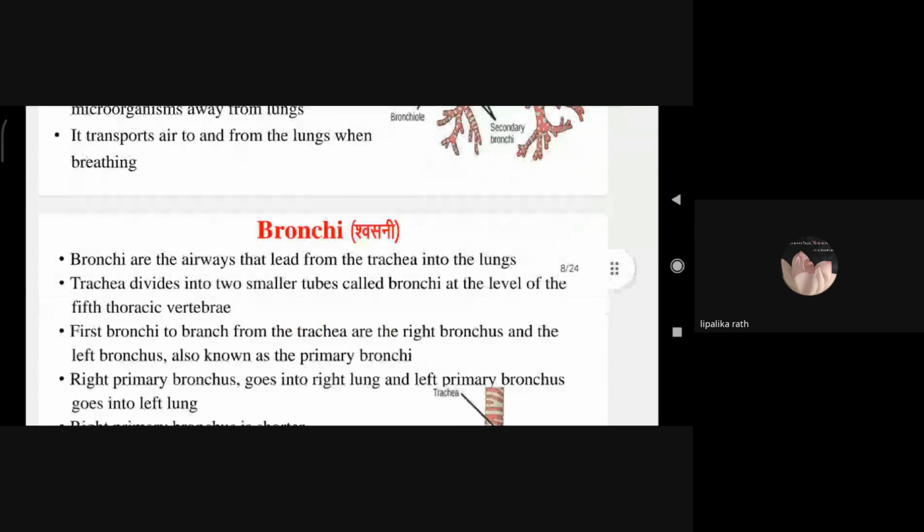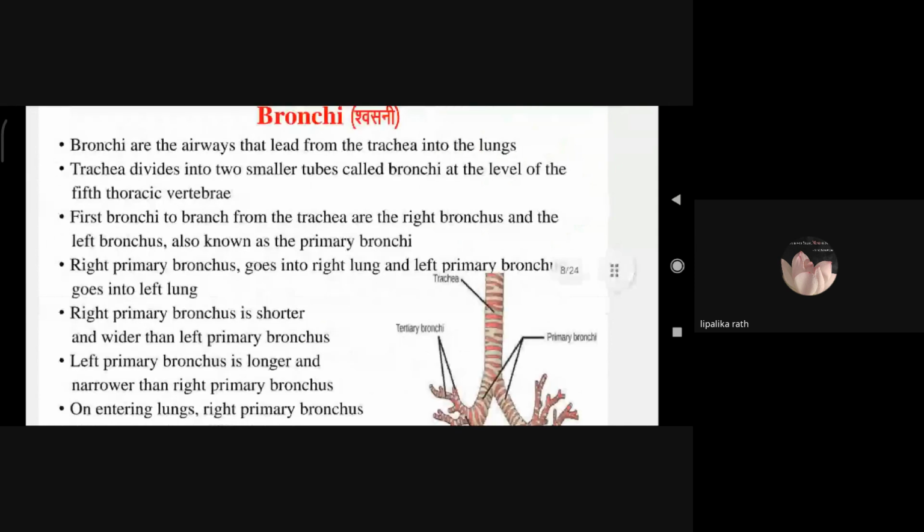Next is bronchi. Bronchi are the airways that lead from the trachea into the lungs. So bronchi are the airways continuing from the trachea to the lungs. The trachea divides into two smaller tubes called bronchi at the level of the fifth thoracic vertebra. The first bronchi to branch from the trachea are the right bronchus and left bronchus, known as primary bronchi.